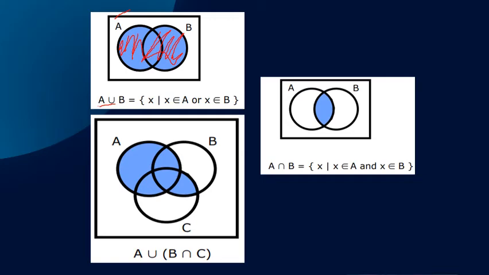Okay, for this one, A union B intersection C. Shade natin ang kabilugan nga A. Next, union mo siya sa intersection sang B kag C. Ari ang intersection sang B kag C. So, that is your answer.